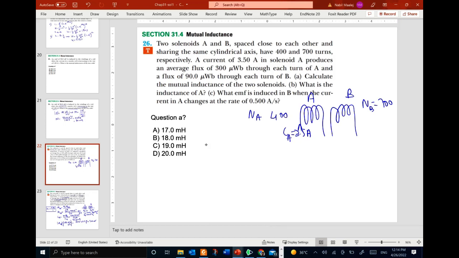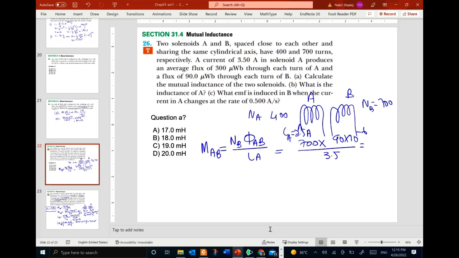Calculate the mutual inductance. All right, we know the mutual inductance due to coil A in coil B is equal to the flux linkage, which is the number of turns in B times the flux due to A that is induced in B, divided by the current, and this current is in A. So B is 700, so 700 times 90 times 10 to the minus 6, divided by the current, in this case 3.5 amps.